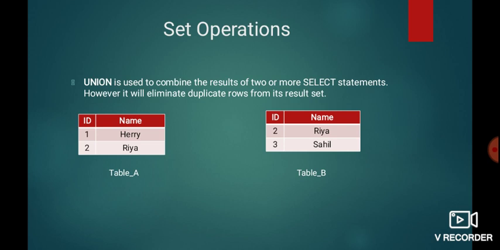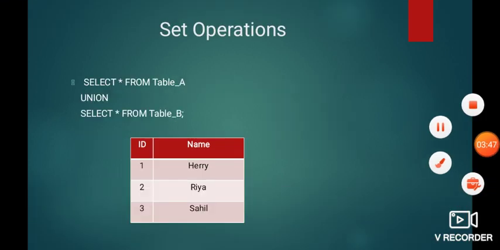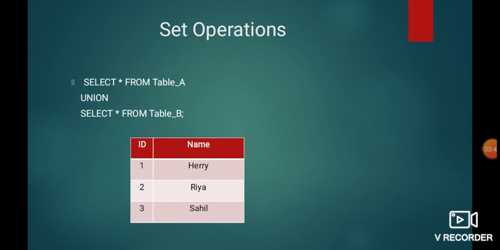So what will union do? It will simply combine the tables with no duplicate values. So Harry, Ria and Sahil. So this is the output, 1, 2 and 3. So this is the output of the union operator.